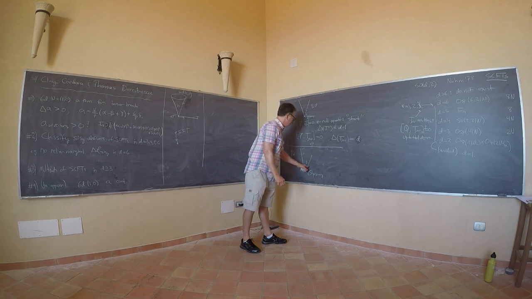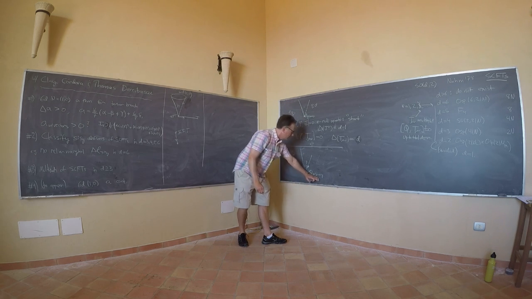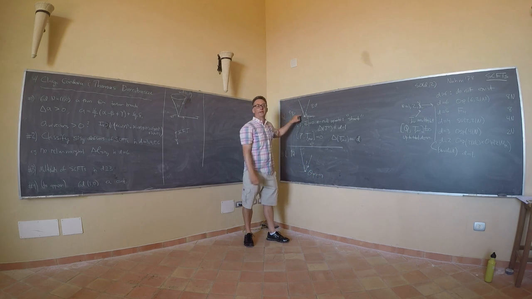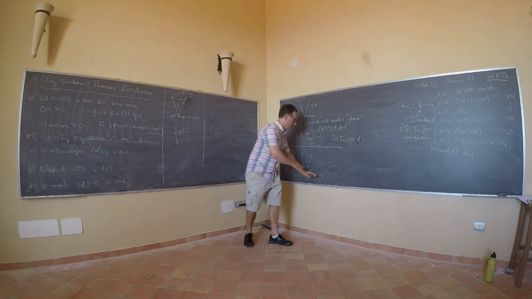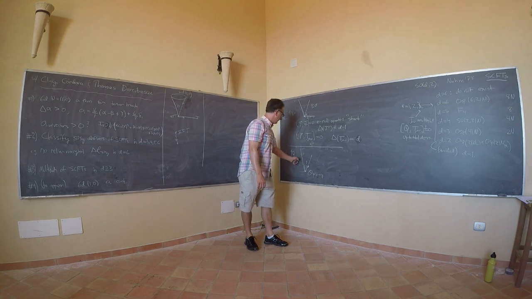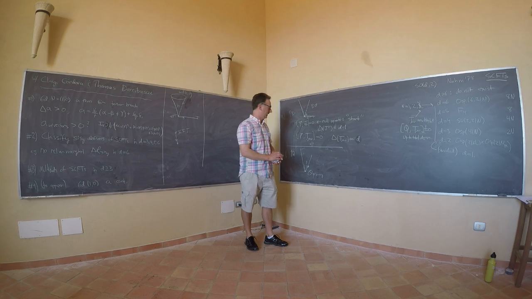This primary operator includes also all of its descendants under the ordinary conformal group. So when I write some primary operator, it's really the primary operator plus ordinary conformal descendants. And when I act with Qs, we'll also get some operators modulo ordinary descendants.